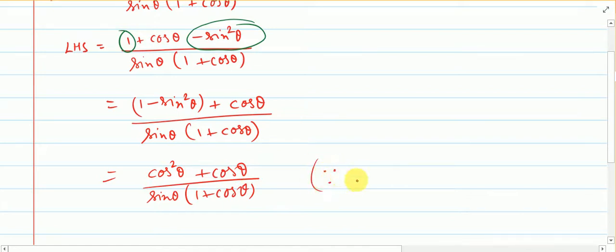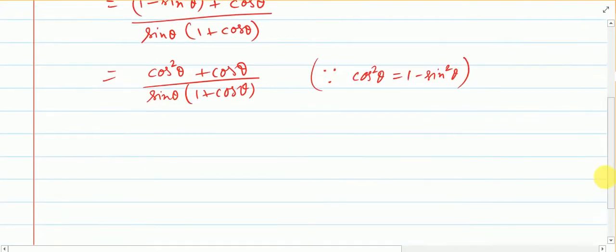You can give the reason because cos square theta is equal to 1 minus sine square theta. Now this cos square theta means cos theta whole square, and here we have only cos theta.